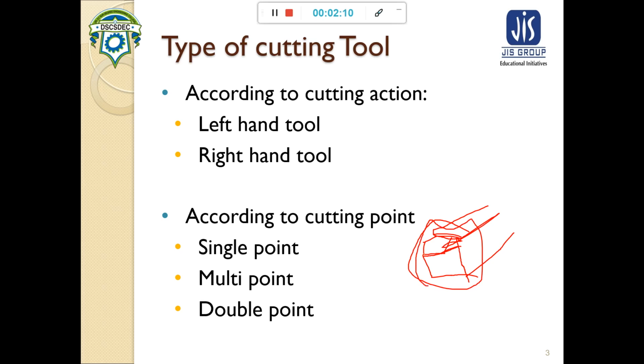Or you may say that the section which is responsible for cutting. So at the time of cutting, how many points are connected with the workpiece, that will define the cutting point. And according to that, a cutting tool can be a single point cutting tool, multi point cutting tool or double point cutting tool. That we will see in the later section.